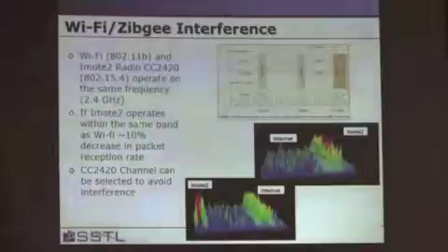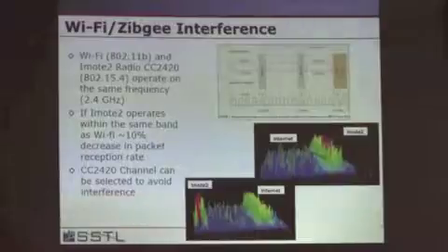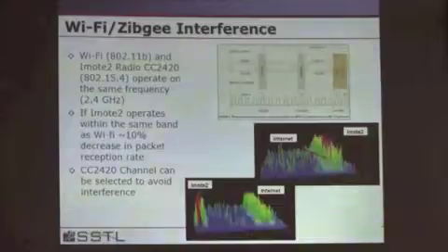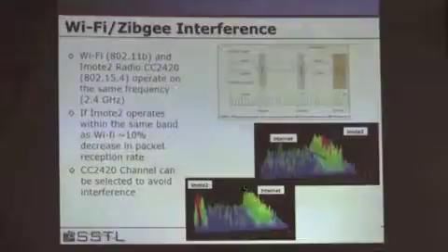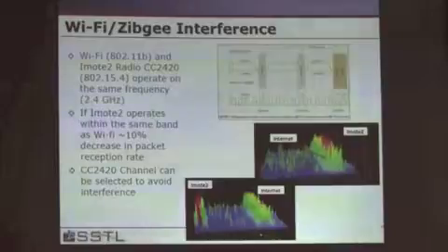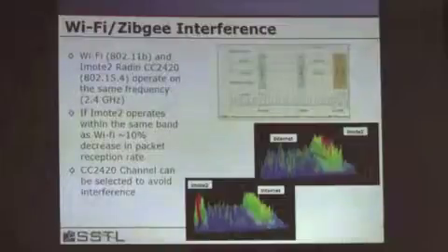Moreover, we learned that there's a lot of other communication on this 2.4 gigahertz bandwidth. So if you wanted to use the wireless sensors, we had to learn a lot about the radio performance, about other devices. This was the internet in our building. This was the iMote 2. So if we tried to use channels 11 to 13, we would have gotten really bad performance, as shown here.